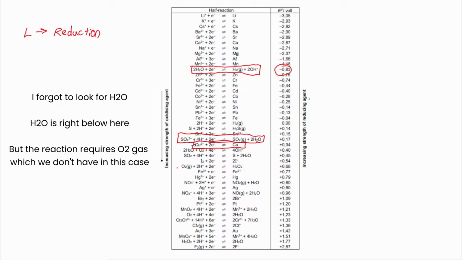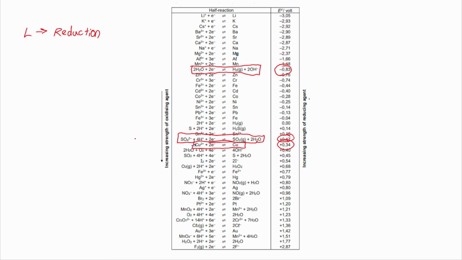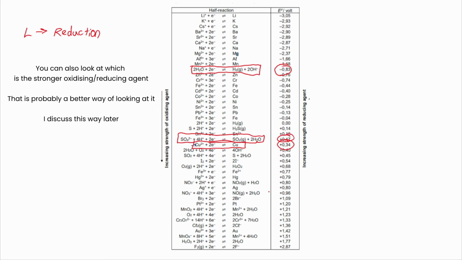And we need to look at these values. If these values are positive, that means it is more likely to happen. For example, fluorine over here very much wants to gain electrons to become ions, but we know that because fluorine's very reactive anyway.